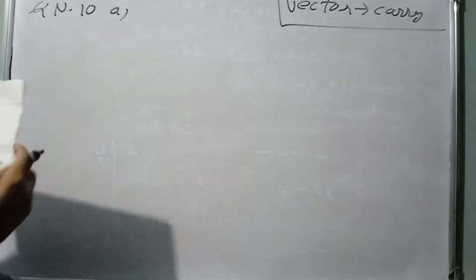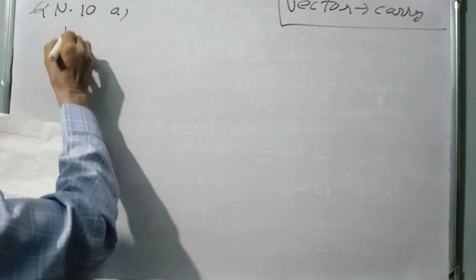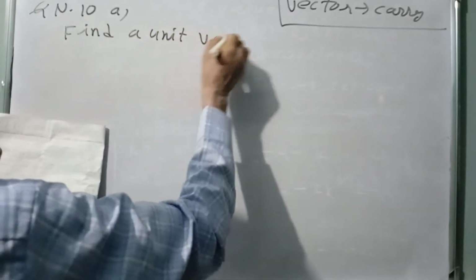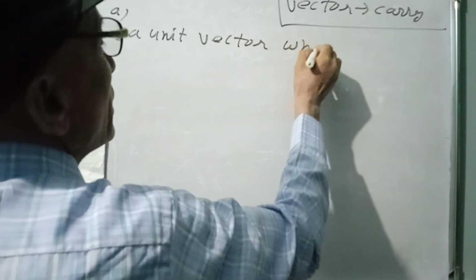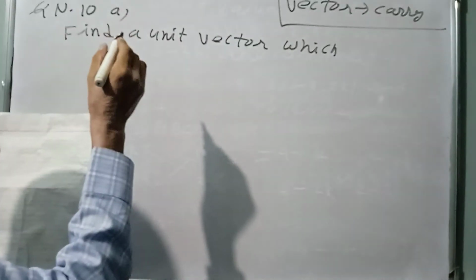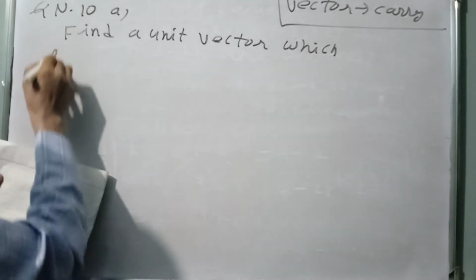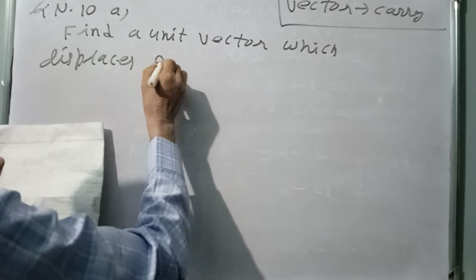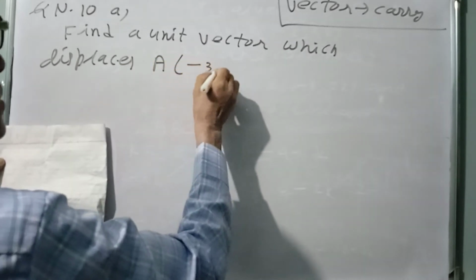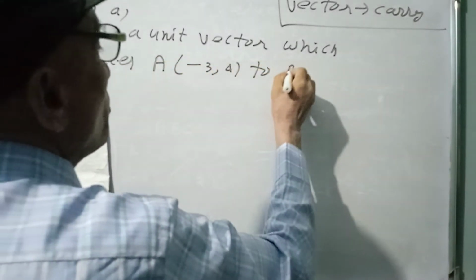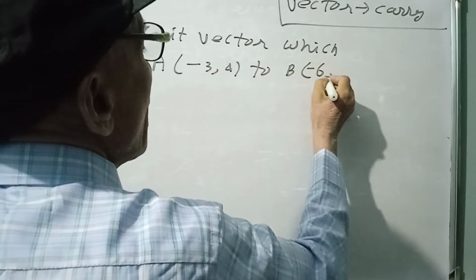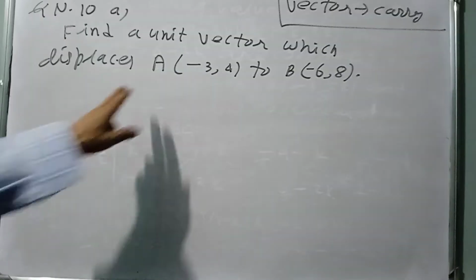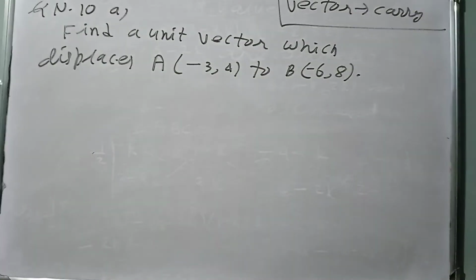Question number 10a is this: find a unit vector which displaces a (minus 3, 4) to b (minus 6, 8).